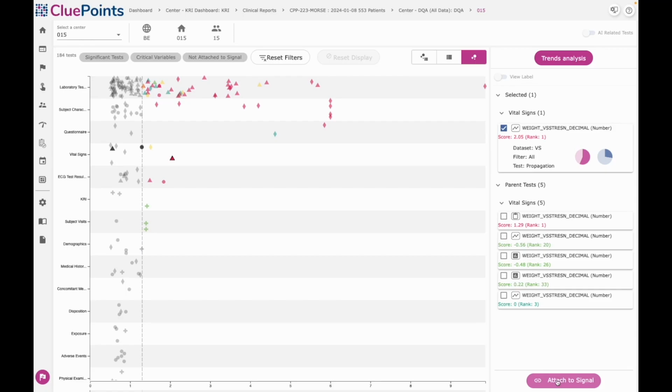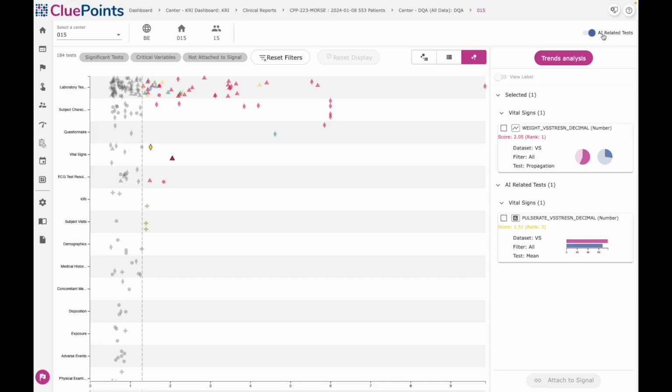We also have an example at the top here where there are quite a lot of results all in the same data set. And if I switch on AI related tests at the top, this brings into play some machine learning capability that assists me in the way in which I process these results.